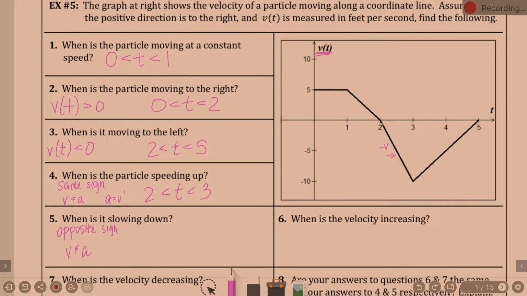Okay, let's go through each section. Up here, you would have positive velocity, but a 0 acceleration. Here we have positive velocity and negative acceleration.